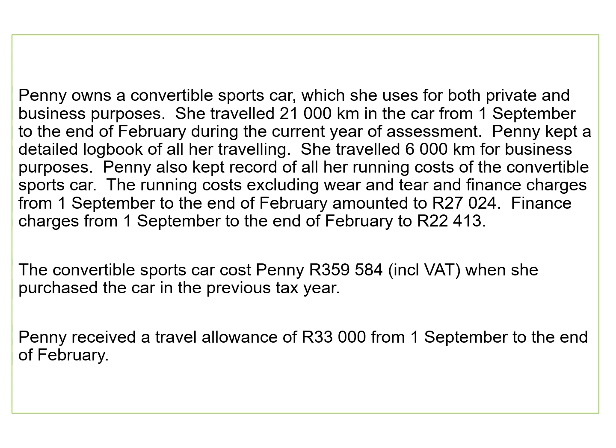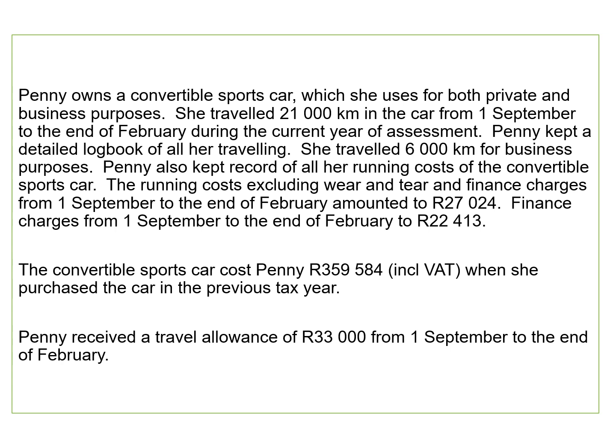Penny kept record of her running costs of the convertible sports car, and the running costs excluding wear and tear, and finance charges from 1 September to the end of February amounted to 27,024 Rand, and the finance charges from September to February was 22,413 Rand.